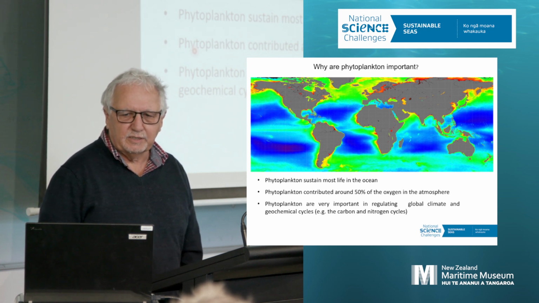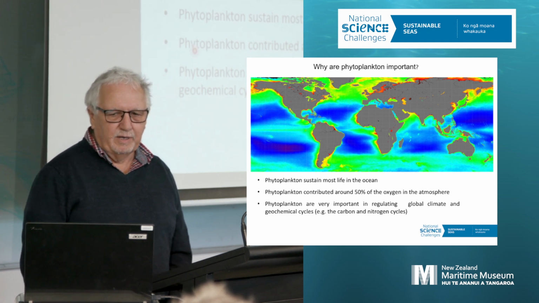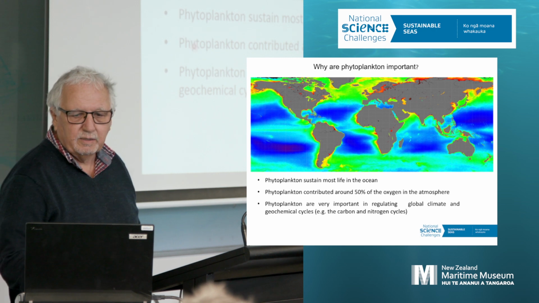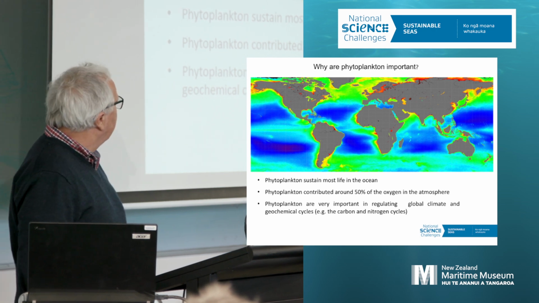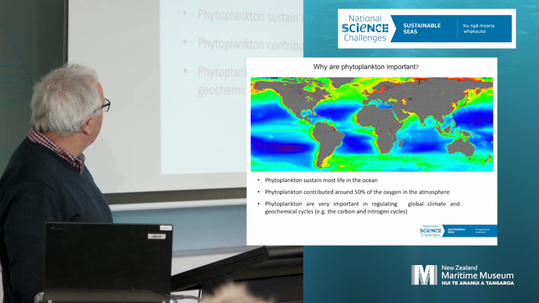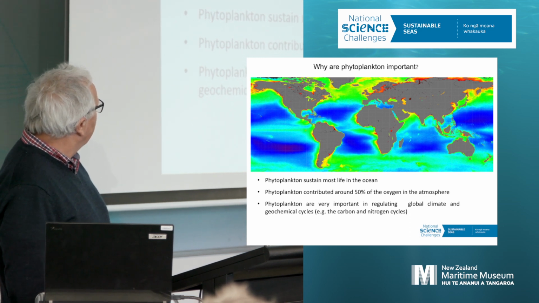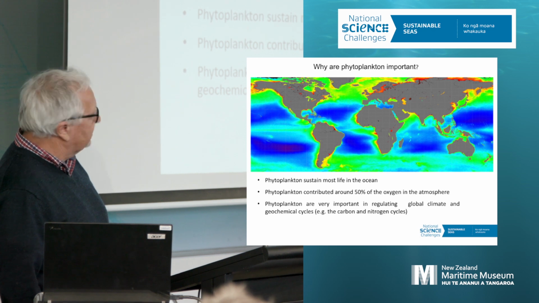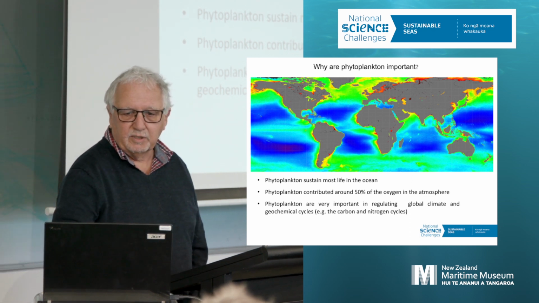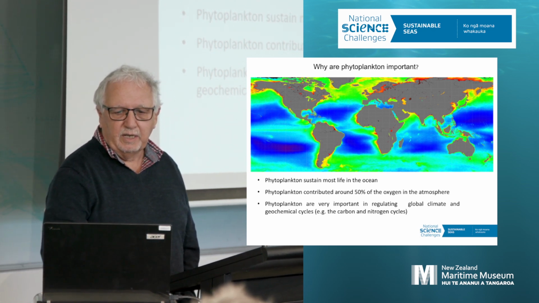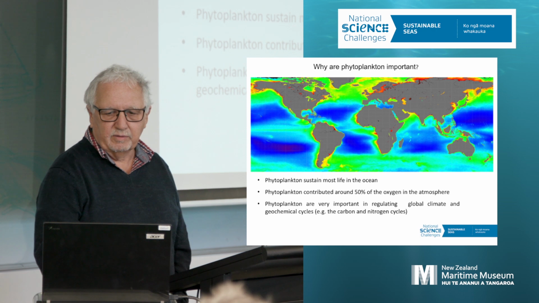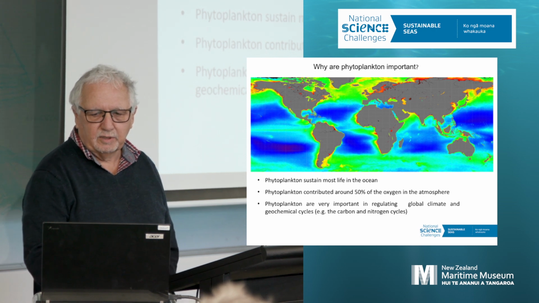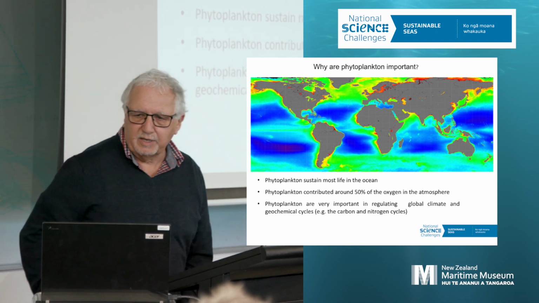But what you'll notice is that the blue patches in the middle of the oceans are very depauperate areas, low phytoplankton biomass, low nutrients, and most of the productivity is occurring in upwelling areas in equatorial regions like this, or off in the higher latitudes and around New Zealand there.